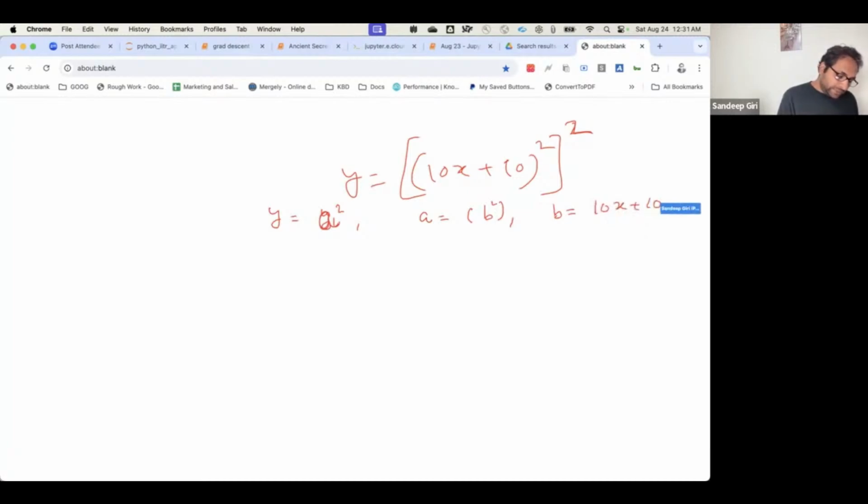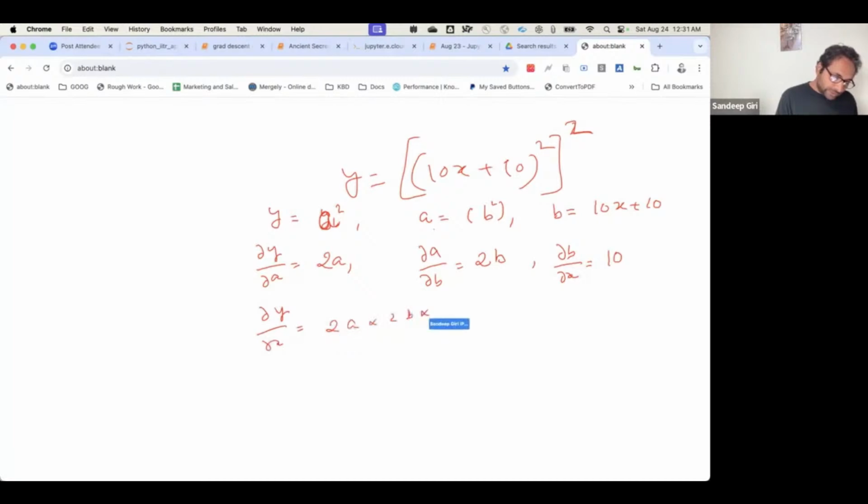And then you can say dy by da is 2a, that we have already studied. da by db is 2b, and db by dx equal to 10. And then we multiply it. So dy by dx is equal to 2a times 2b times 10.